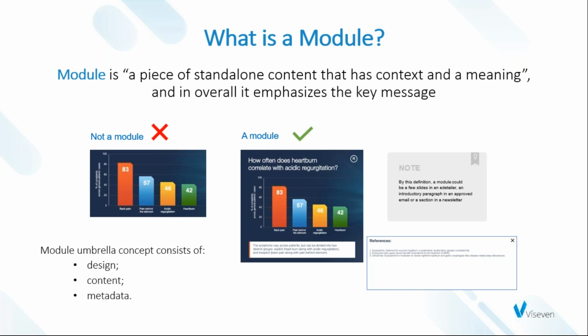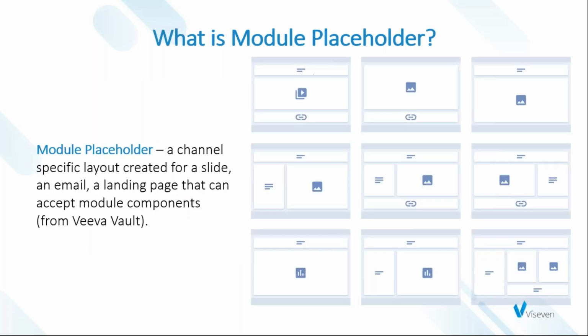Look at the module concept, which consists of design, that is the module placeholder; content, that is the component package; and metadata, including business rules. Take a closer look at the module placeholder. A module placeholder is a channel-specific layout created for a slide, an email, or a landing page, and it can accept module components from Veeva Vault.